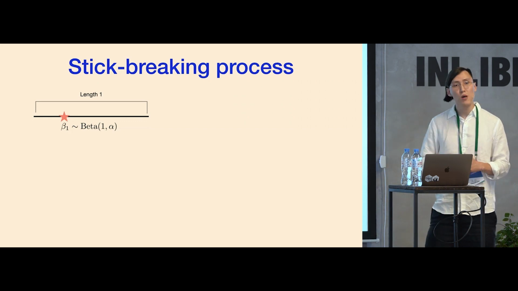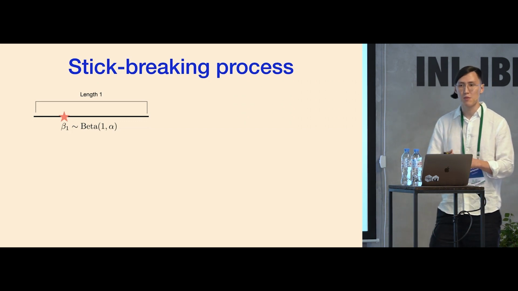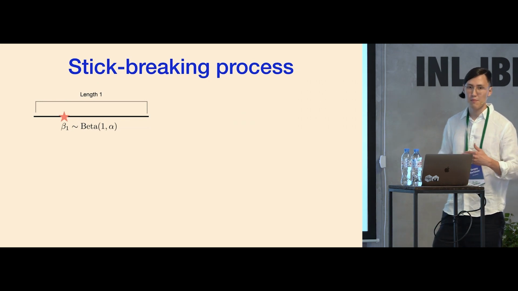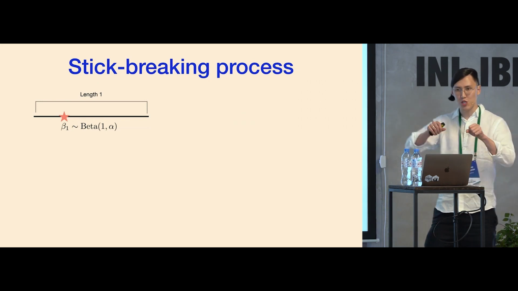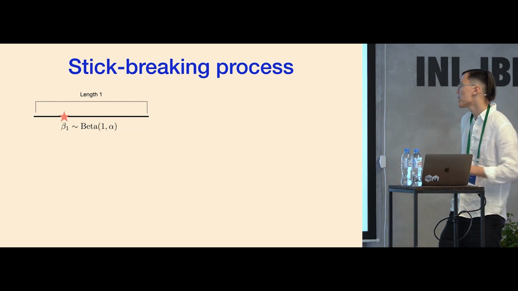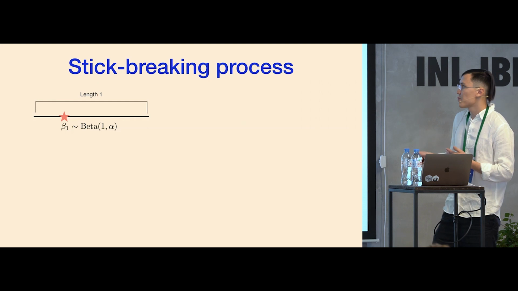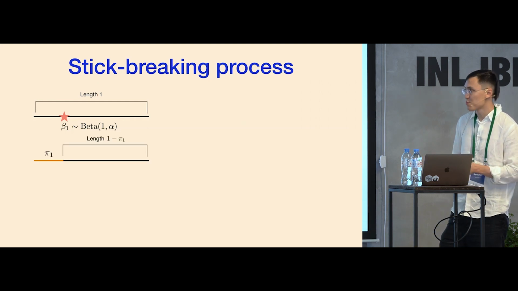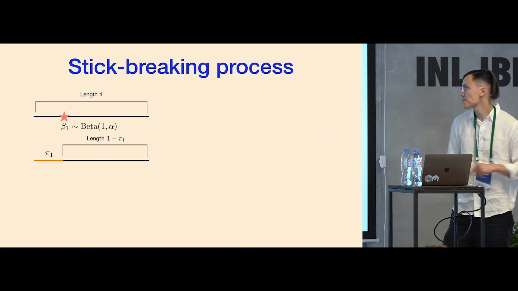As you probably know, the support of the beta distribution is numbers from 0 to 1. So we can interpret the numbers we sample from the beta distribution as proportions with which we should break the currently available part of the stick. We decide where to break, and the part we just broke off becomes the prior probability of the first meaning.